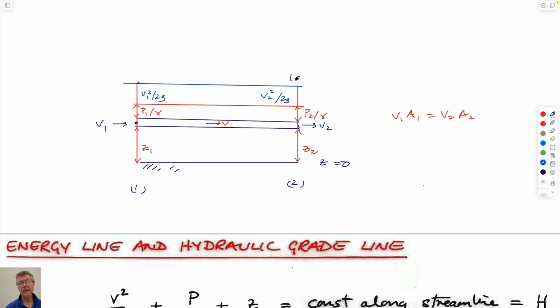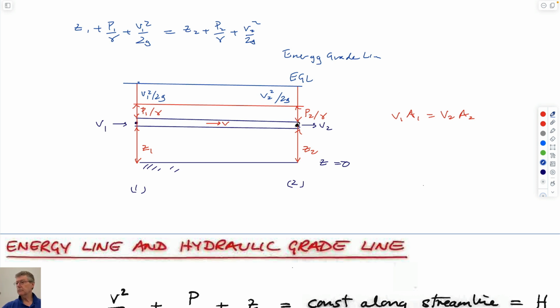And I'm going to call this the energy grade line. And of course, as you know, Z1 plus P1 over gamma plus V1 squared over 2g equals Z2 plus P2 over gamma, unit weight, plus V2 squared over 2g. That's Bernoulli. This is pictorially what it says.